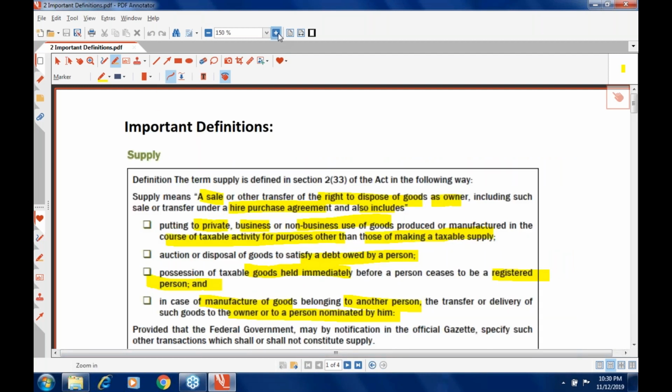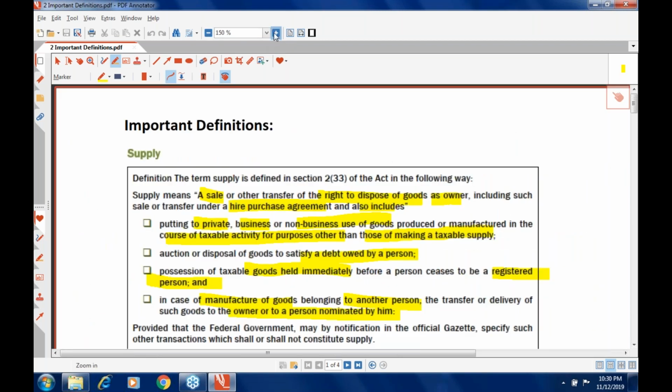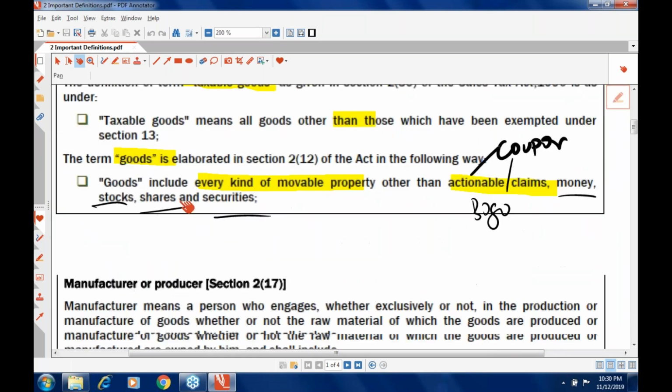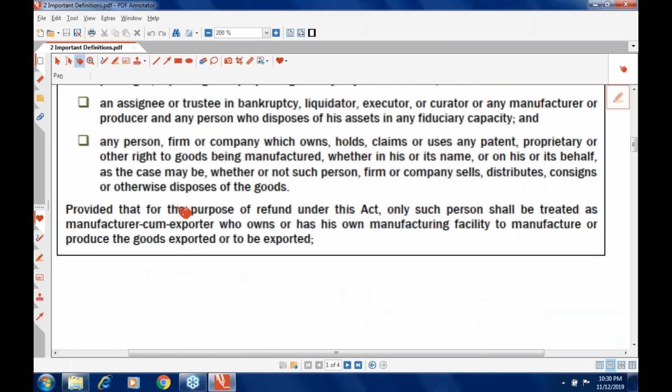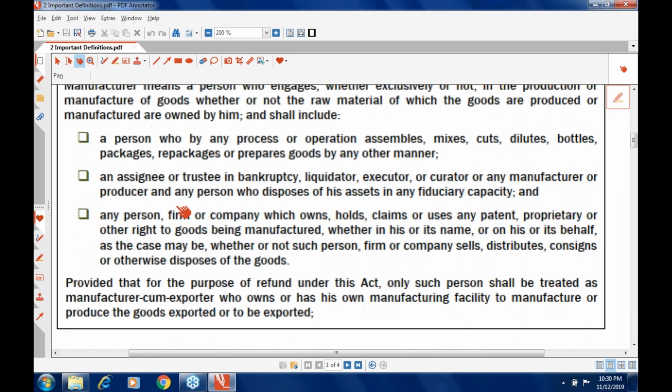Okay, anyways, we had discussed a few definitions yesterday. When we talk about the concept of sales tax, you need to know the various definitions, because they are applicable, and it's important to understand them if you want to apply the sales tax concept.